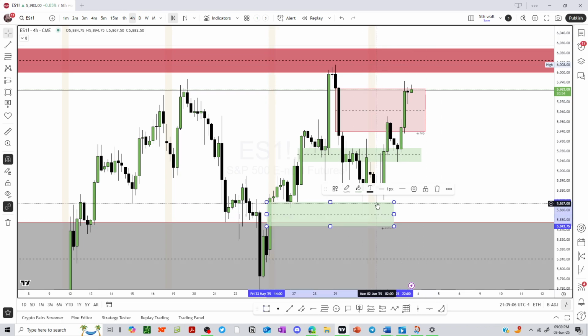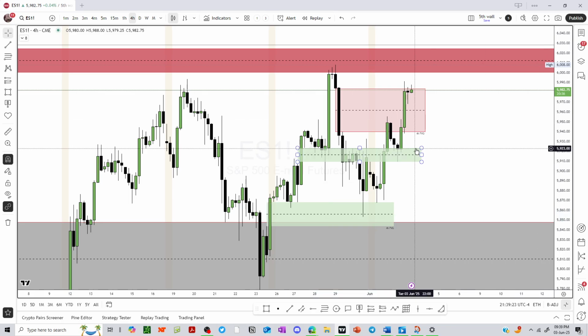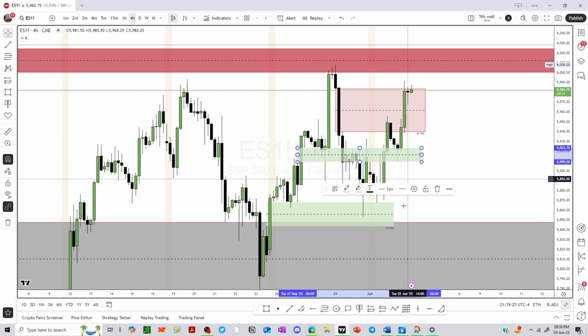So this one didn't go all the way down here. In that case, let's say 4 hour fair value gap. And I guess we label this one too.